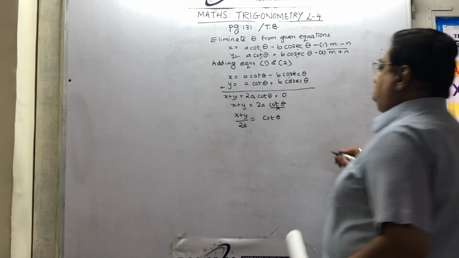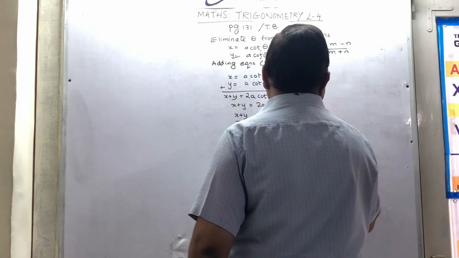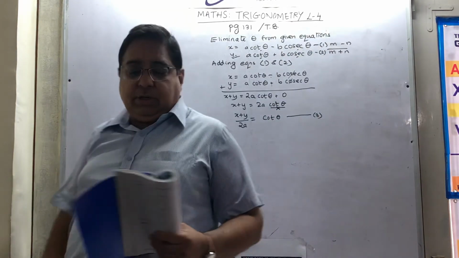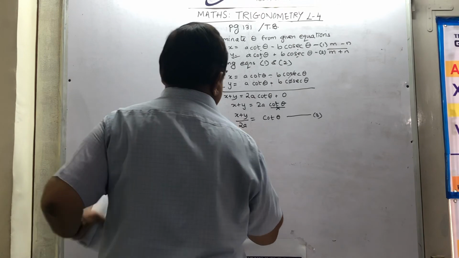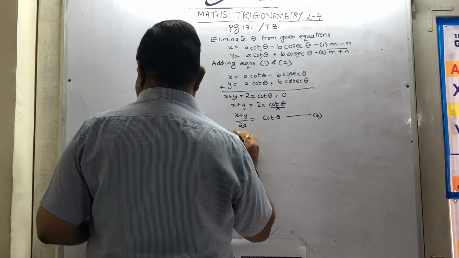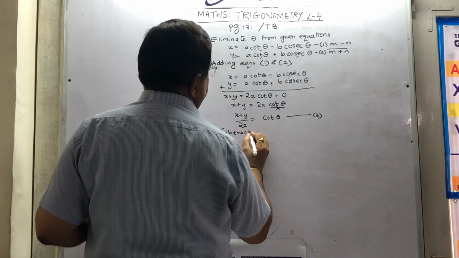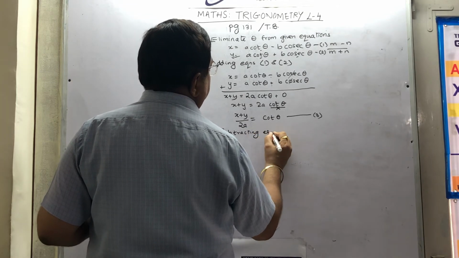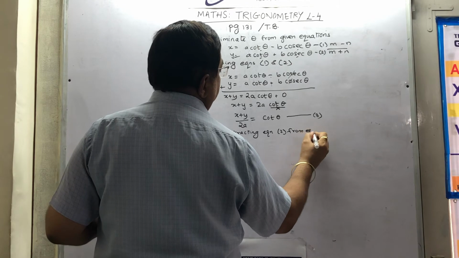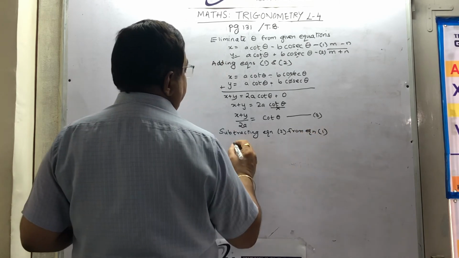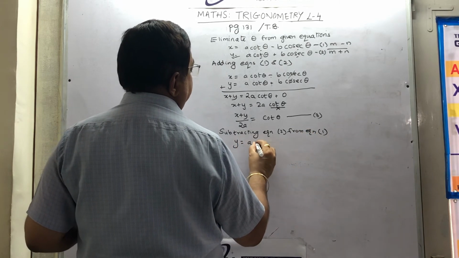This is my equation number 3. So I have reached an important step. Now, second, I will subtract equation 2 from equation 1. So I will write equation 2 first.